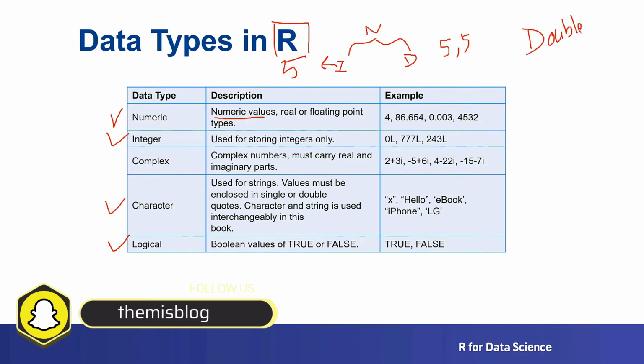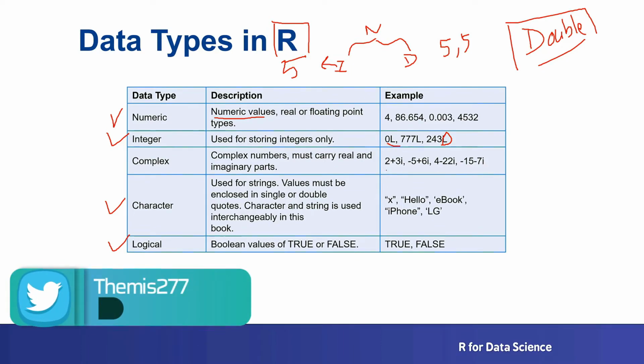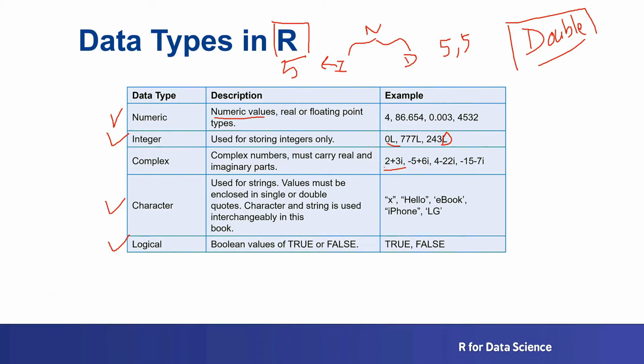So they are assigned double by default. If you want to make it integer, you need to add a capital L at the end. Complex numbers are usually used in mathematical calculations, like 2 plus 3i and so on.